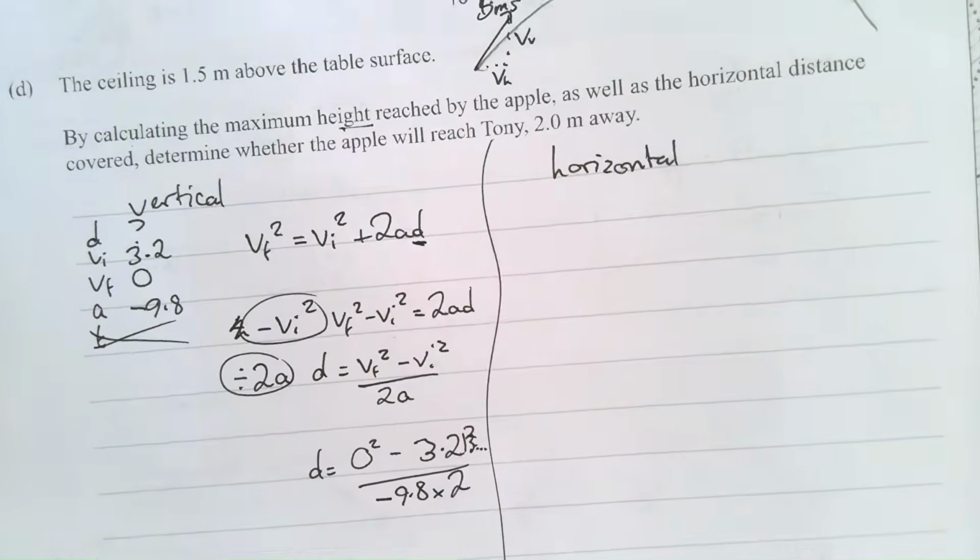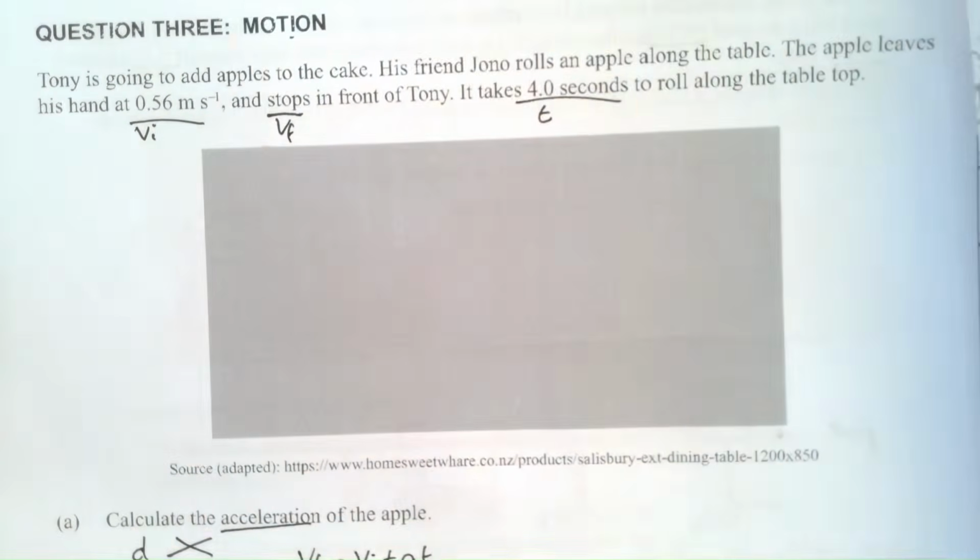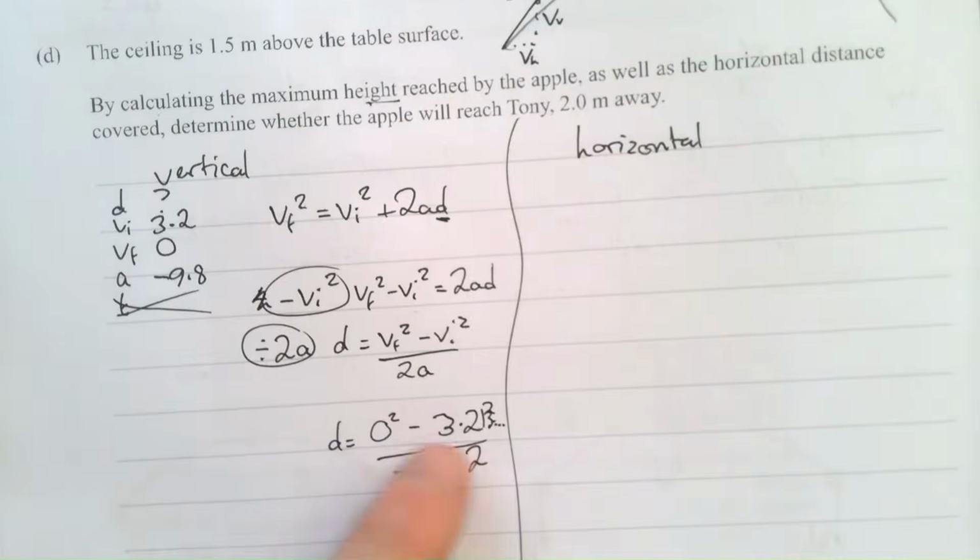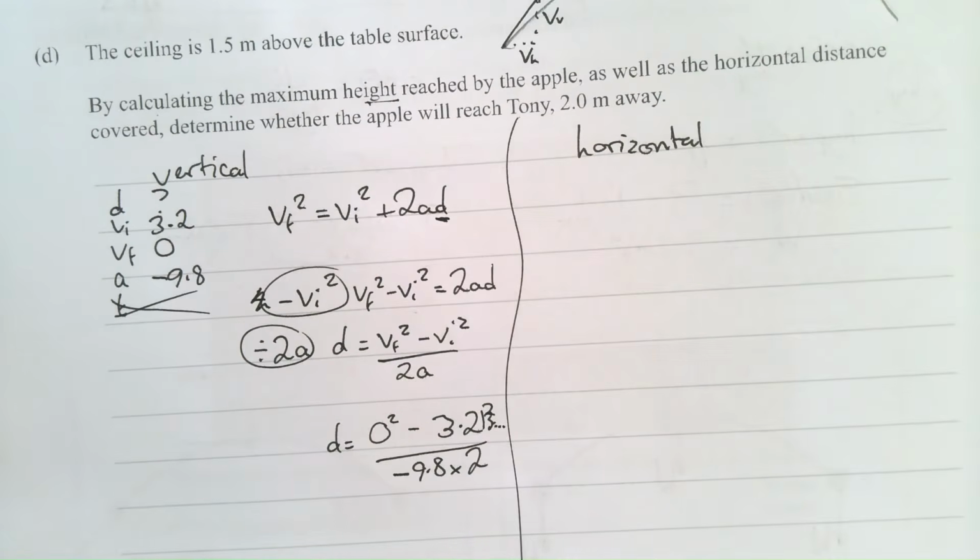Then I'm going to pump that all into a calculator. I am going to actually recalculate 5 sine 40 to get my accurate vi, and I suggest you do the same as well. 5 sine 40 all squared divided by minus 19.6 gives me 0.53.